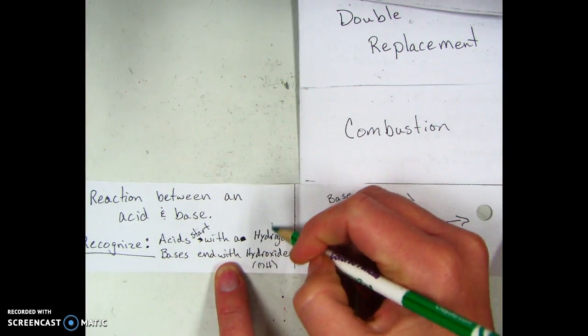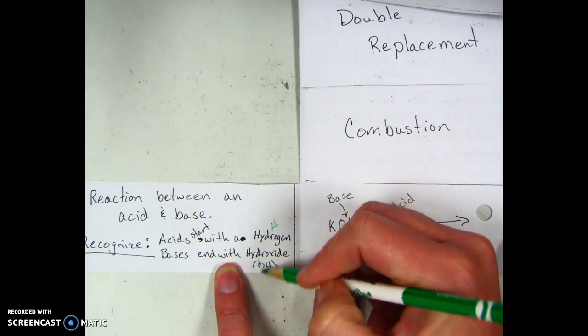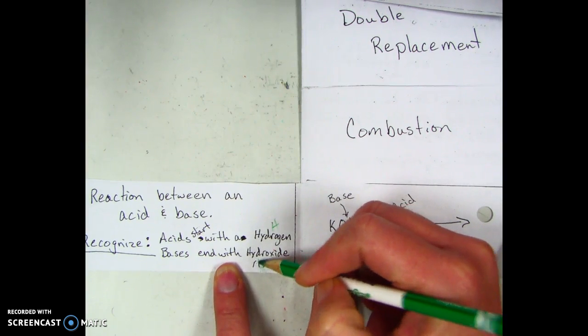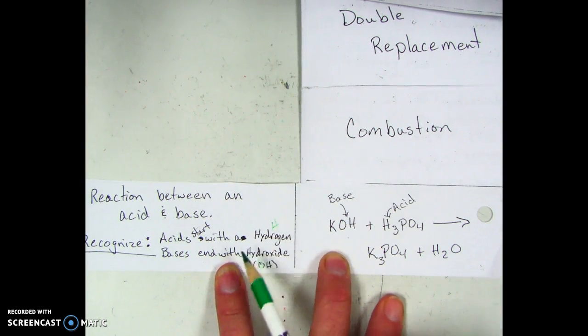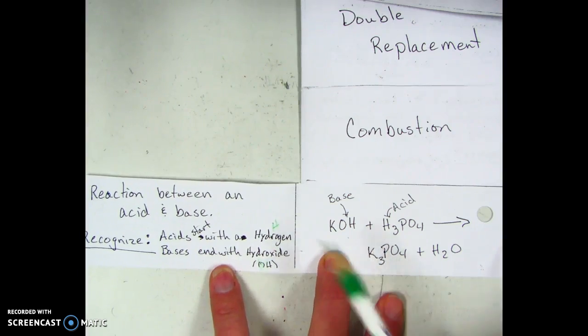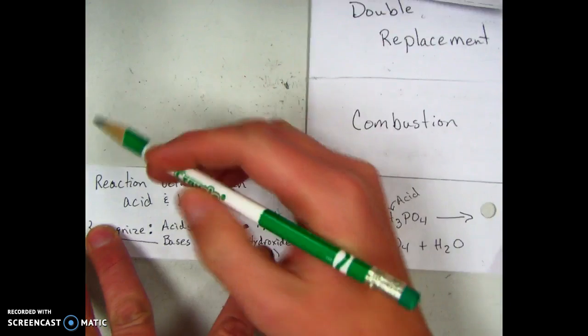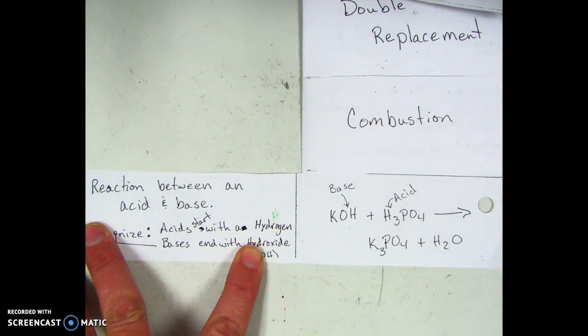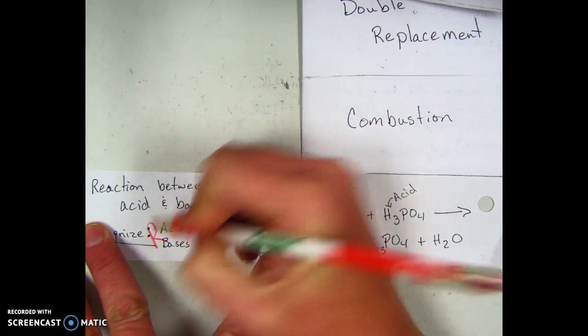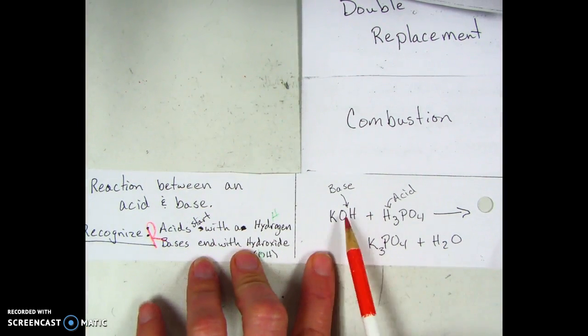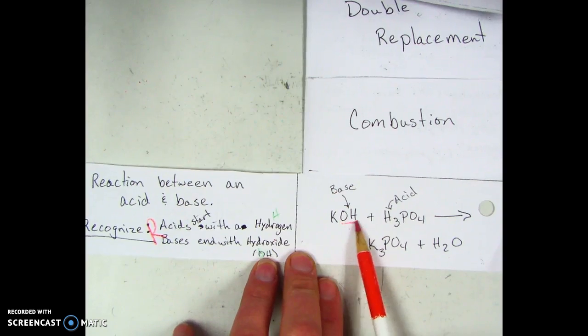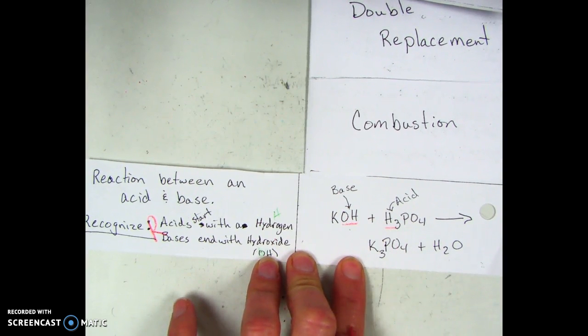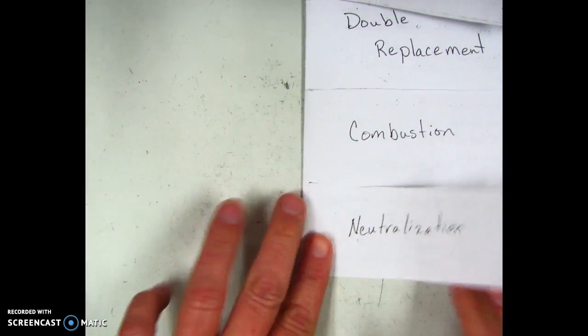So we're going to have a hydrogen and a hydroxide as reactants. These are our reactants, so I need to do that in red. For instance in this case, potassium hydroxide plus phosphoric acid yields potassium phosphate plus water. Alright, so those are our 6 types of reactions.